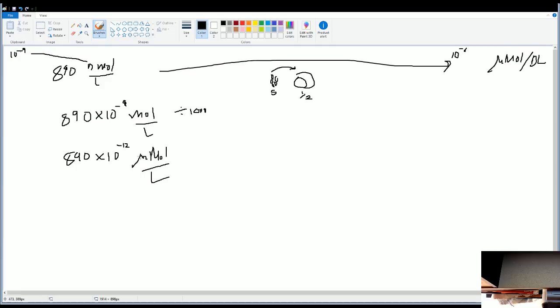Because you're using a larger measurement, your number is going to get smaller. Like a meter is going to be 1,000th of a kilometer because you're using a bigger measurement.